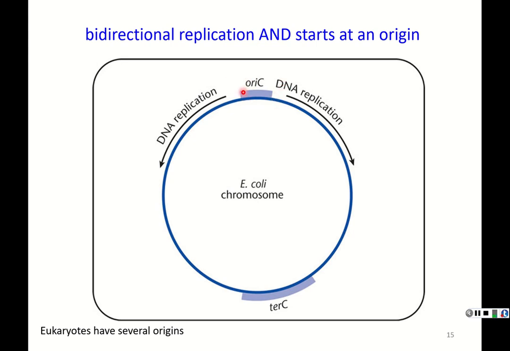That stands for origin, and that's an origin of replication. So the replication will start there, and it proceeds in both directions. Eukaryotes have several origins of replication, so their genomes are a little bit more complicated, bigger, and they have several origins.